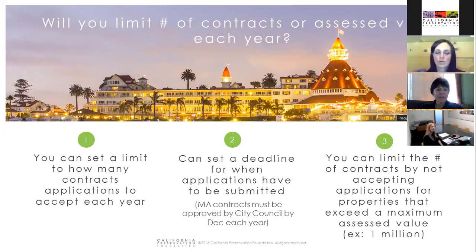They're one community that I found that grants only 4 Mills Act contracts per year. The city of Pasadena, which is right next door to South Pasadena, limits it to no more than 20 single family residences a year and 6 multiple family, commercial, or industrial properties per year.